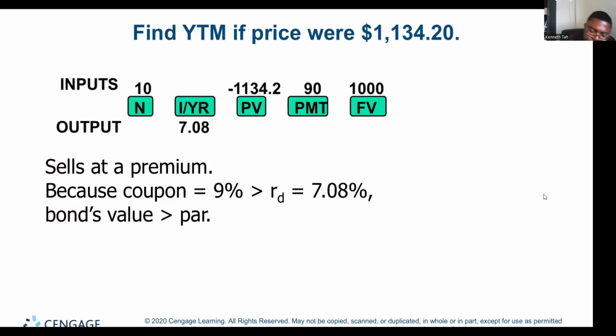All right, if this question says, if the price were this, what is the yield to maturity? So everything is the same as before, except that the present value now has changed from 1,000 to 1,134.2.